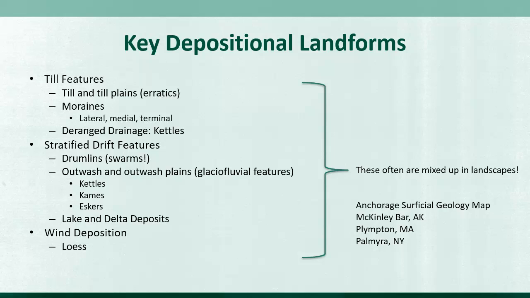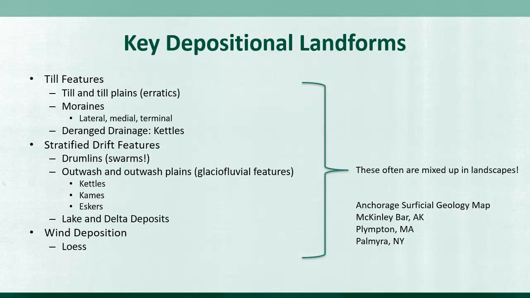Sometimes those flat surfaces then have other features on top of them that often look like till features and sometimes are till features, but often are features that have water involved in them, called glaciofluvial features. This includes little kettles sometimes, but also lumpy hills called kames and snake-like hills called eskers. I'll show you a picture of that later on.